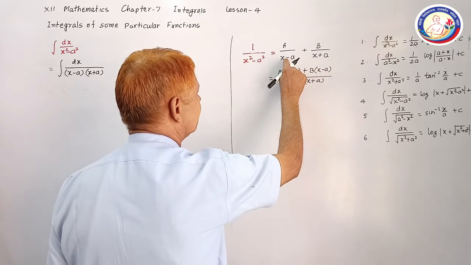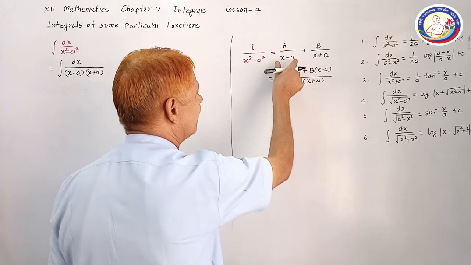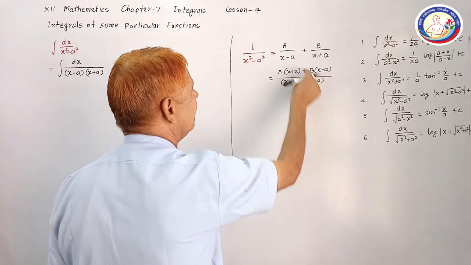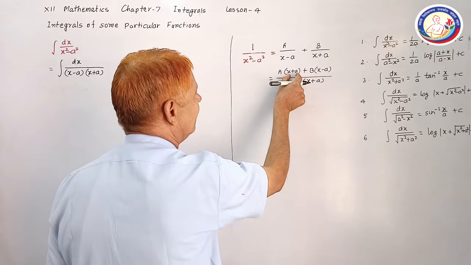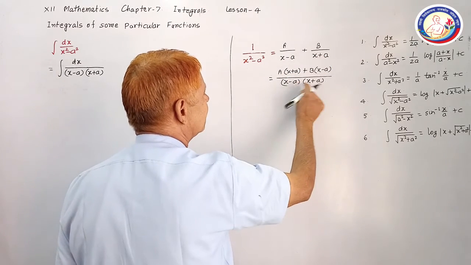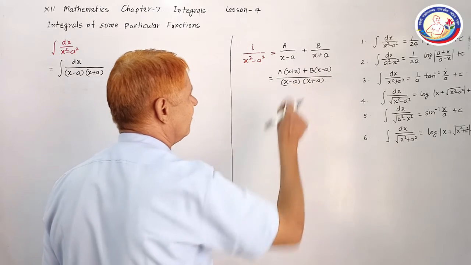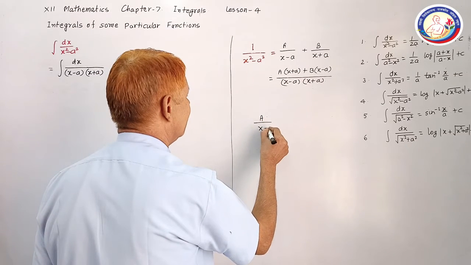Now I divide this LCM by x minus a, or we can obtain x minus a into x plus a if we multiply numerator and denominator by x plus a. So we will multiply A with x plus a. Now divide this LCM by x plus a, we will get x minus a. Or we can understand it like this: A upon x minus a.